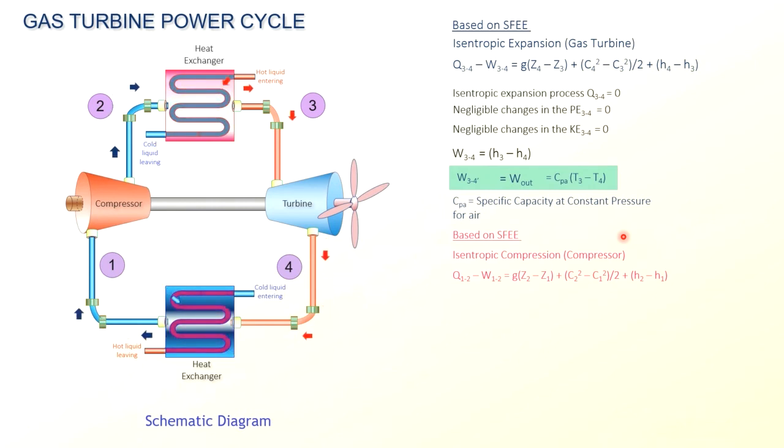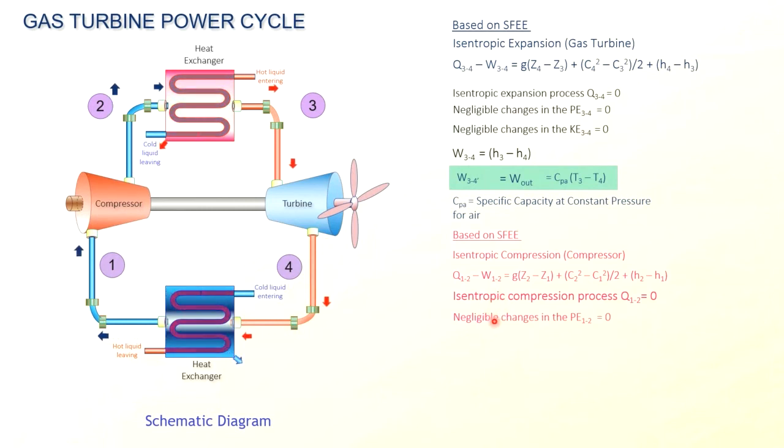Also the heat, because we assume it is isentropic or adiabatic, so Q is neglected. What is left is the work with the change of enthalpy. So that is the analysis of the compressor.